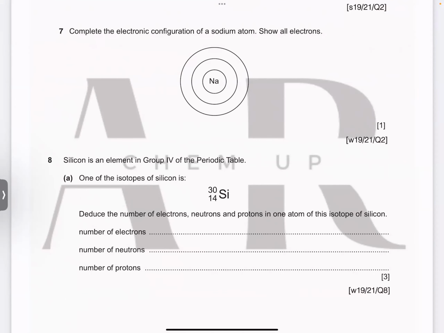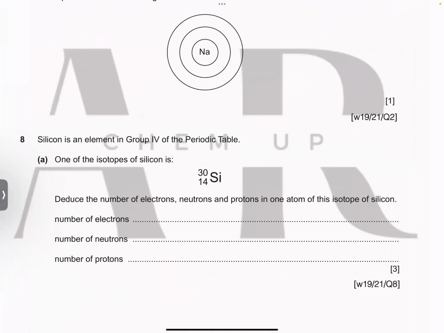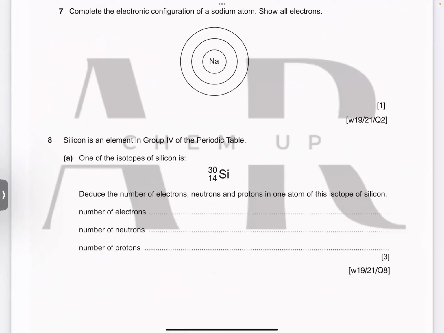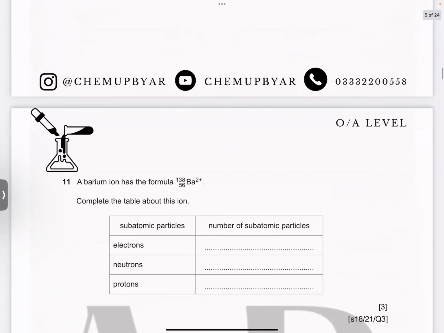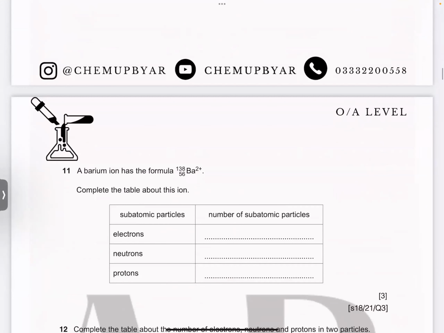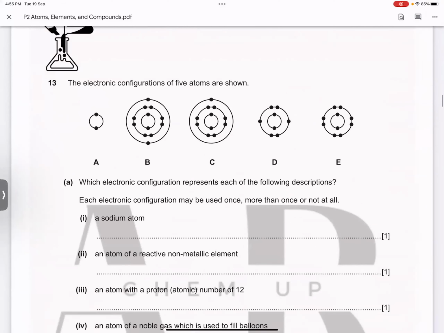If there is no charge, then protons and electrons are equal. And how many neutrons? 16. Yes, is this understandable? So here you have to do again the same thing. So these are the kind of questions.